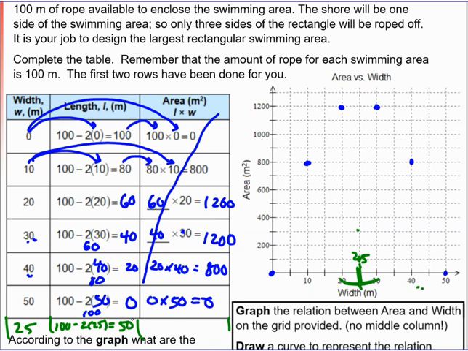And then remember that's the number we bring here. So 50 times 50 is 2,500. No, that can't be. What did we do wrong here? Oh, times 25. We're bringing this number.